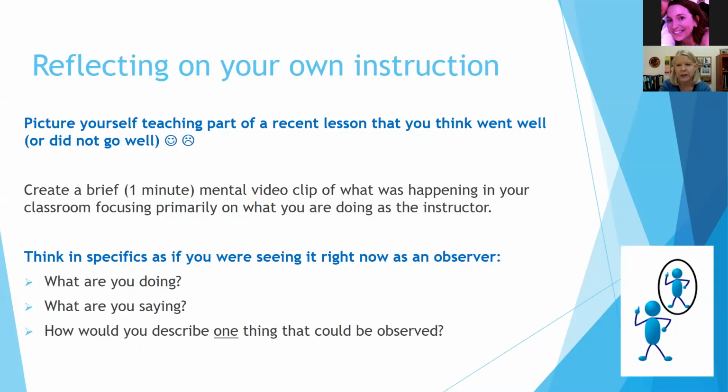While you're mentally considering it, I'm going to ask you to type in the chat box a description of one thing. But while you're thinking about that, I'm going to give you a second example of what I did after I received that feedback, and basically the way I approached it from then on. This is again a level 1 class. We're talking about weather.